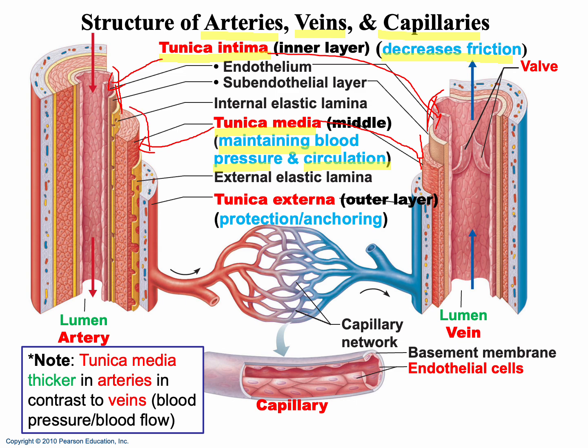One thing you might see as a difference is that the tunica media is much thicker in the artery in contrast to the vein. You probably noticed that when you're looking at the diagram: here's the tunica media of the artery, and here's the tunica media of the vein. It's significantly thicker in the artery versus the vein, and the big reason for that comes down to differences in blood pressure.